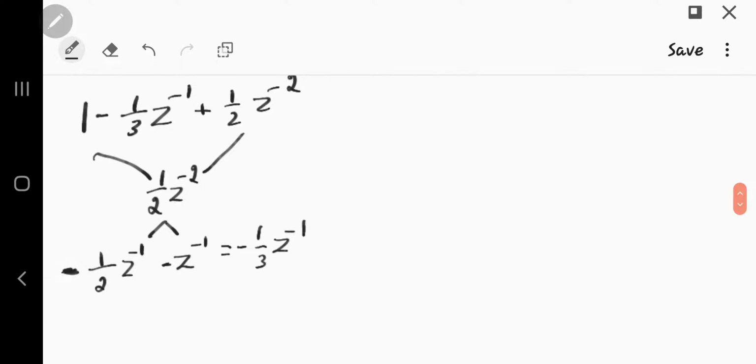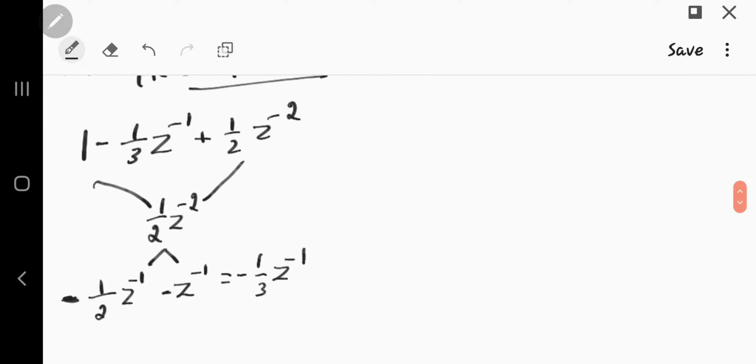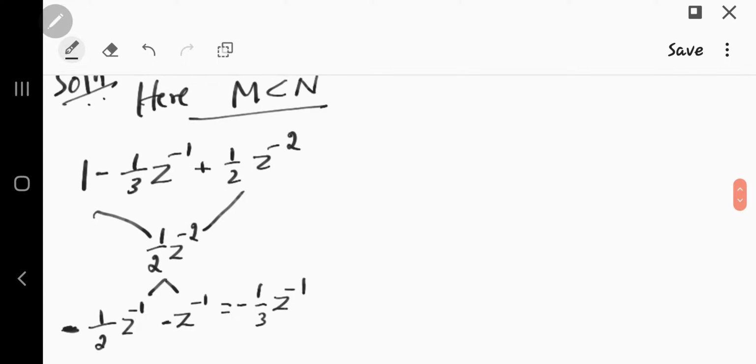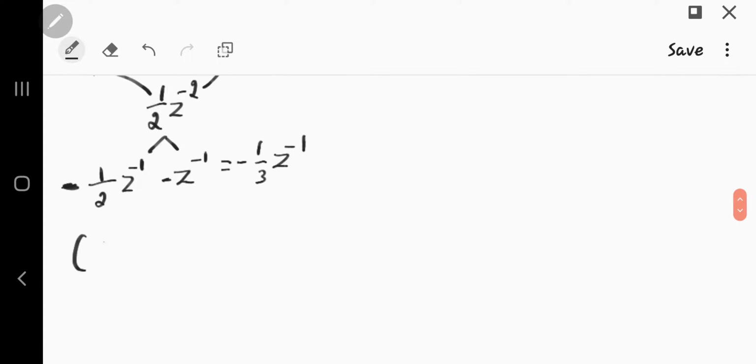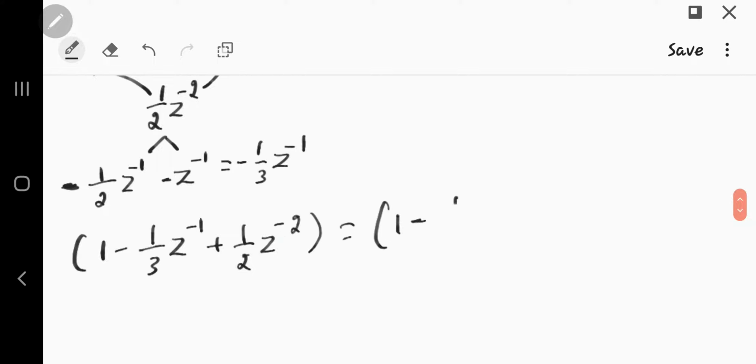So this is the first one I'm explaining in detail. In the later problems, I'll just write down the factors. Okay, so based on this, we can write 1 minus 1 by 3 z inverse plus 1 by 2 z power minus 2. Now the factors are 1 minus 1 by 2 z inverse and 1 minus z inverse.